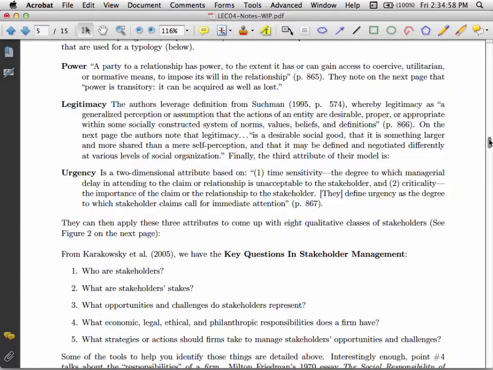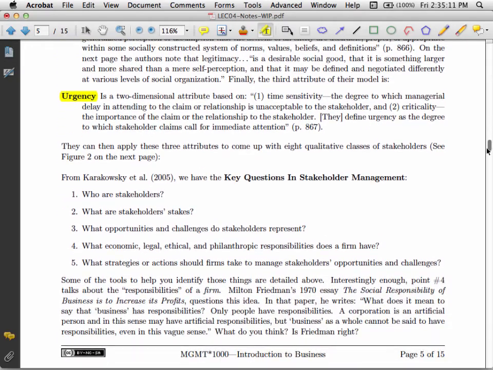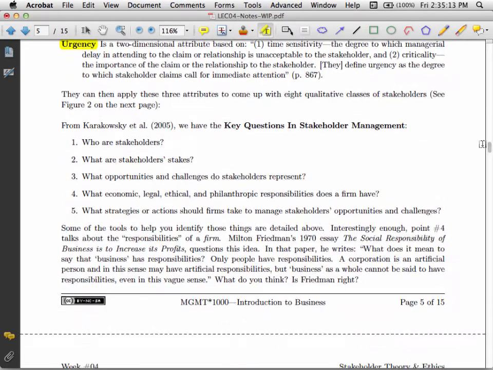One thing we did in class was we looked at power, legitimacy, and urgency. So we have stakes, we have stakeholders who have those stakes, and then the question is, how much power do they have? Is it legitimate or not? And what is the urgency? And we have this set of questions here. Who are the stakeholders? What are the stakes? What opportunities and challenges?